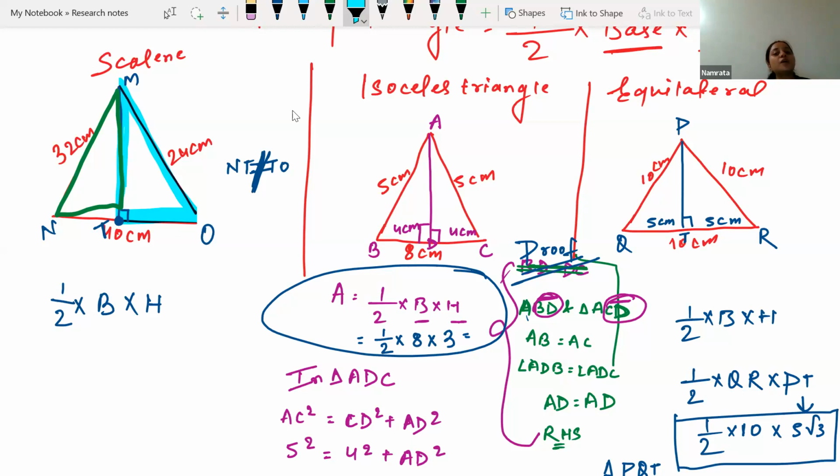Since it is not possible to find the height over here, there comes a hero formula, which is applicable for a scalene triangle, isosceles triangle, equilateral triangle, any triangle. A scientist has given one magical formula, and that formula will help us find any triangle's area, not only for scalene, for any triangle.